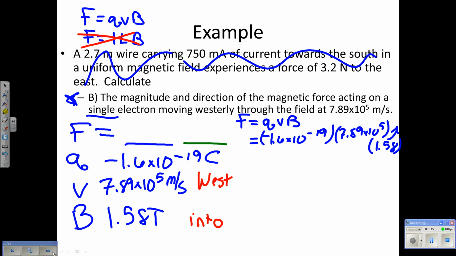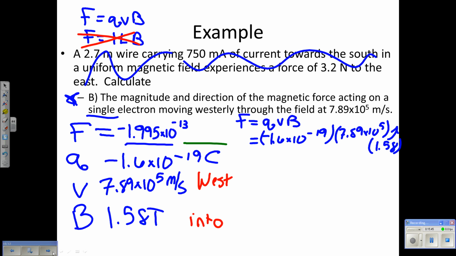Okay, so we plug that into our calculator, and we get a force of negative 1.995 times 10 to the negative 13th. If you rounded that to 2 times 10 to the negative 13th, that is fine.